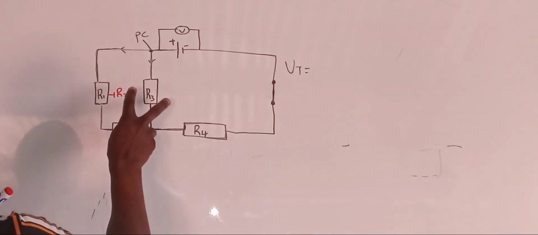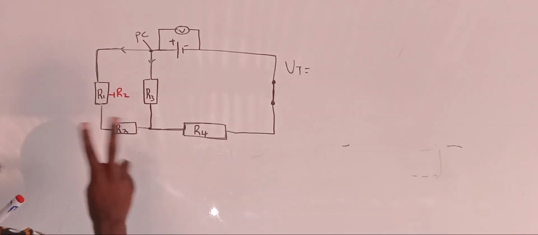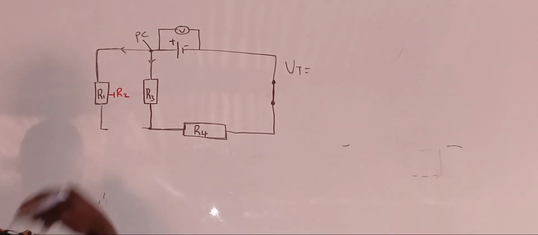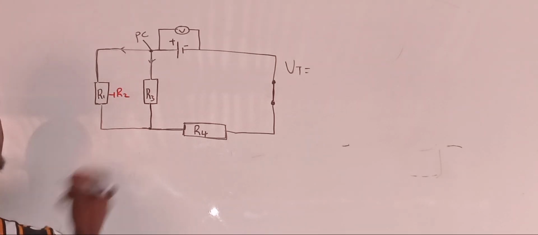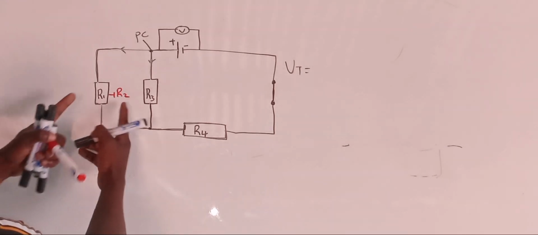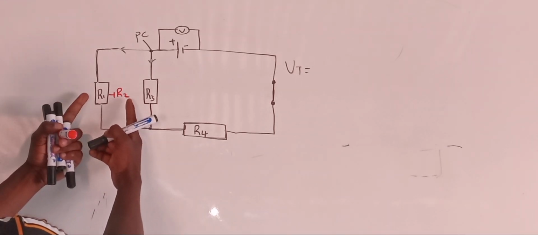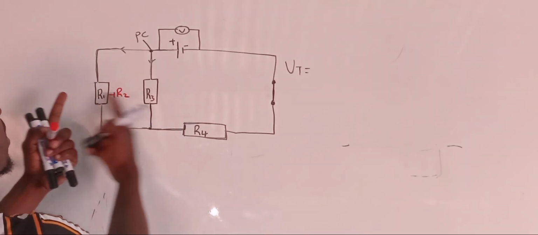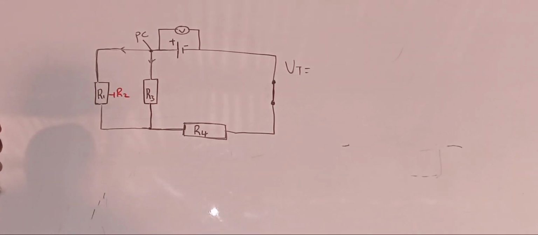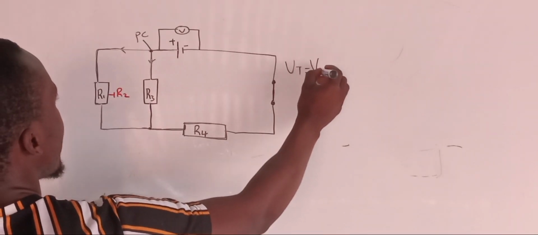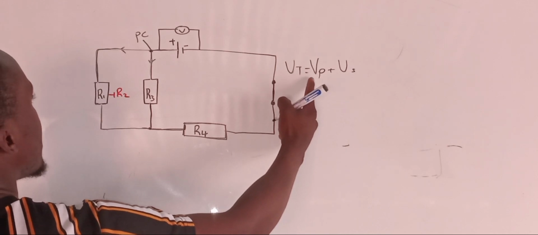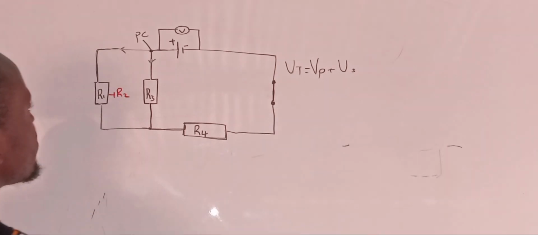Meaning that when I cancel them, we'll have something that looks like this. R1 summed with R2, and these are what are connected in parallel. Meaning that for us to get the V total, we use this formula: V at P plus V at S, meaning parallel voltage plus series voltage.